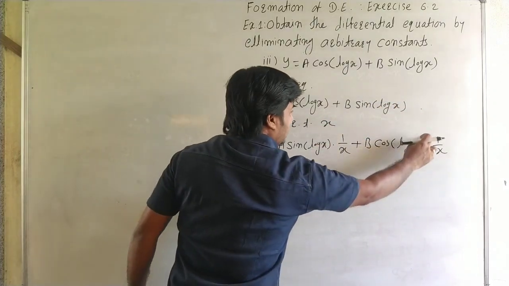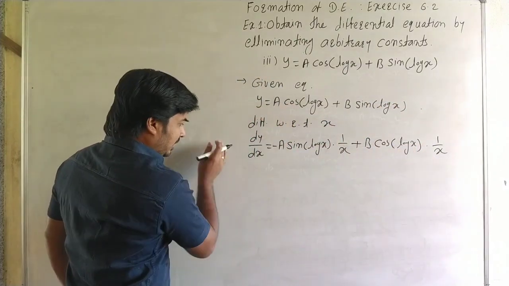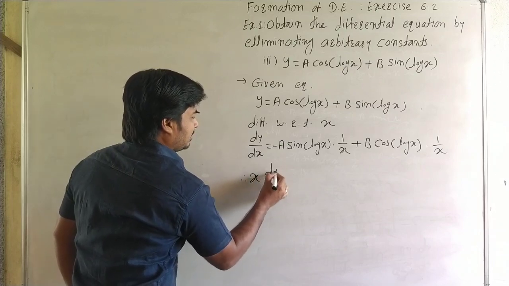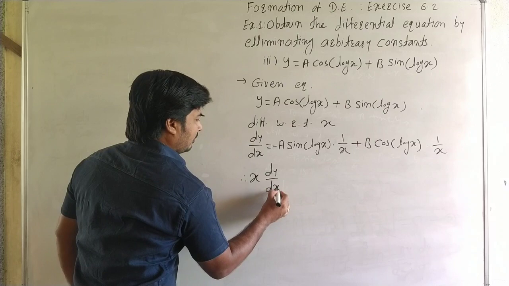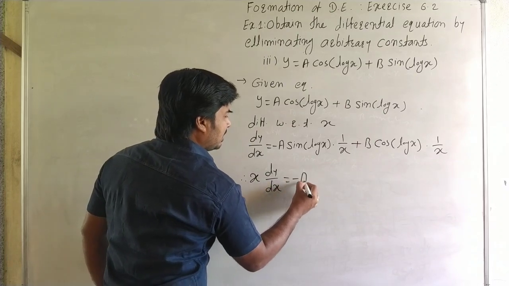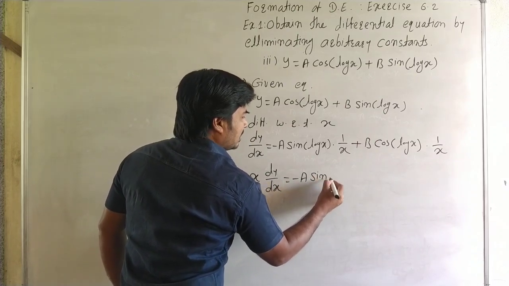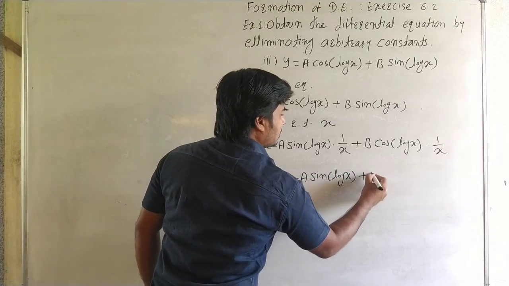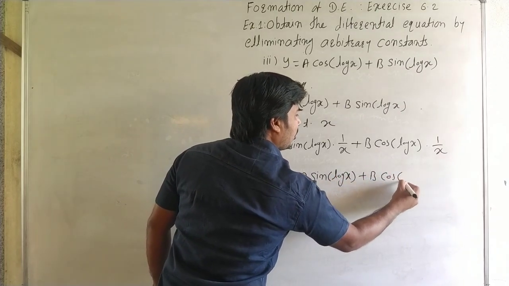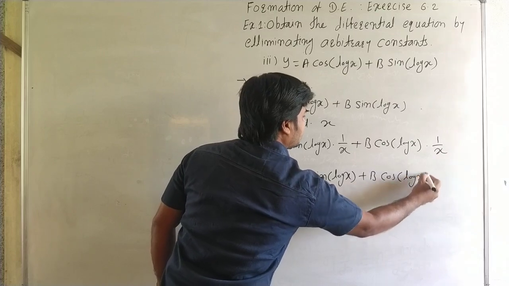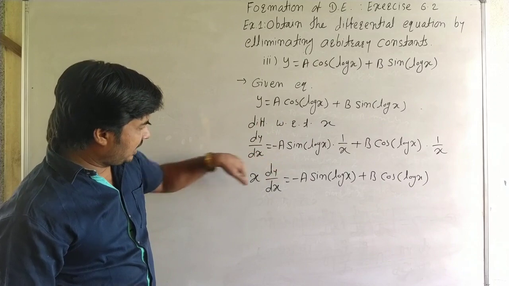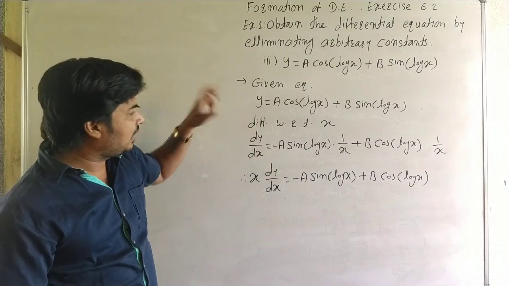This 1 by x and this 1 by x we take common, and therefore we can write x into dy by dx is equal to minus a into sin of log x plus b into cos of log x. See carefully, we take 1 by x common and x in the LHS.